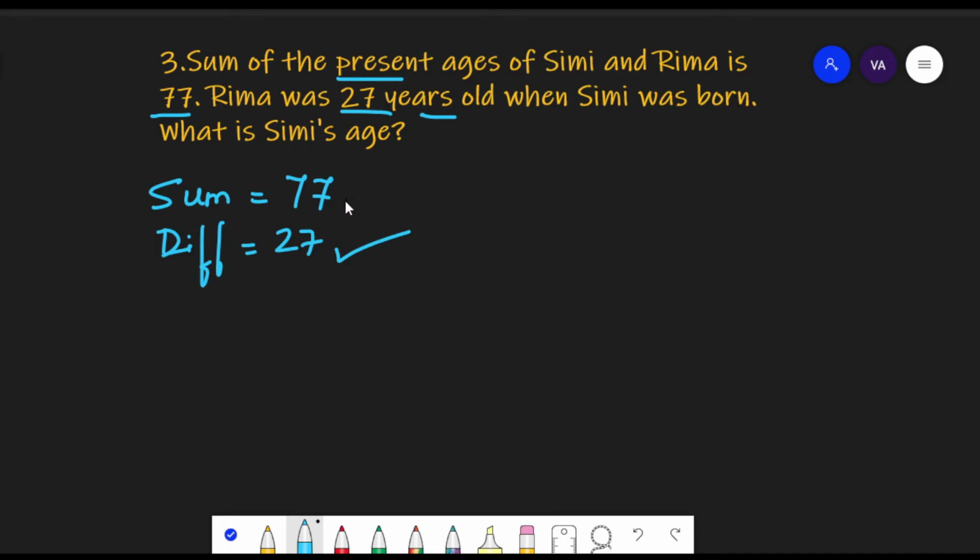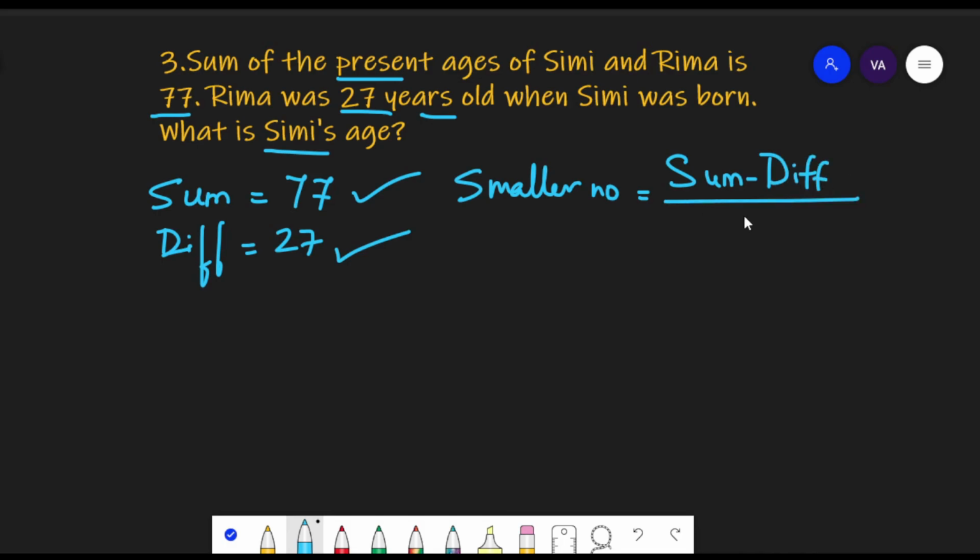So here it is definitely a sum and difference problem. Now whose age is asked? Simi's age is asked. Simi is younger than Rima because when Simi was born, Rima was 27 years old. So Simi is the younger of the two. So as we saw, when we want to find the smaller number, the smaller number is equal to sum minus difference, that is, you subtract the difference from the sum and divide by 2.